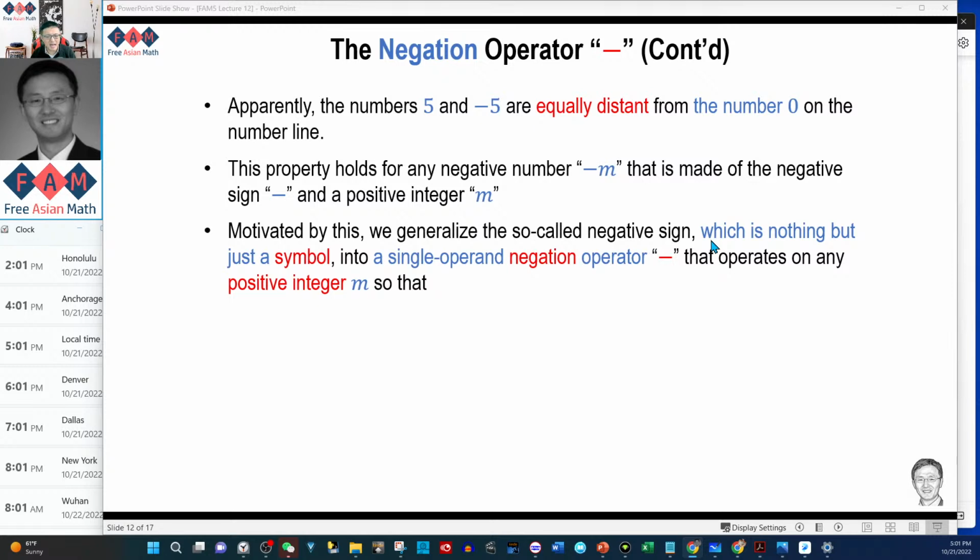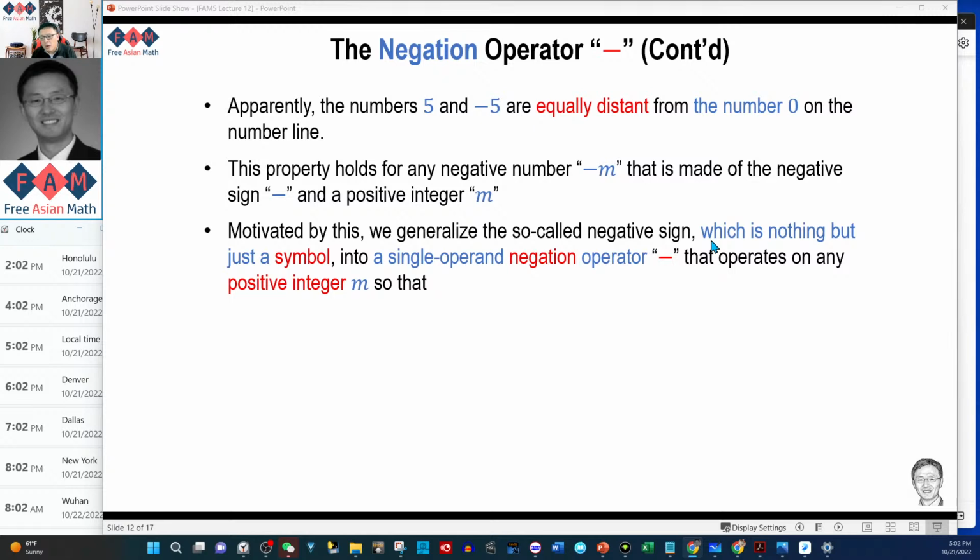We want to say this negative sign is actually an operator that operates on the positive integer to generate the corresponding negative integer. Does that make sense? Now we want to say this negative sign is an operator on 5, and the result is negative 5.